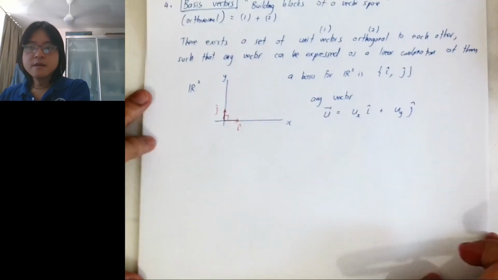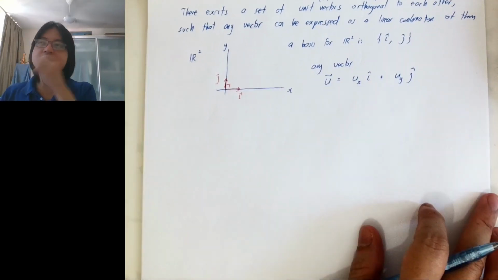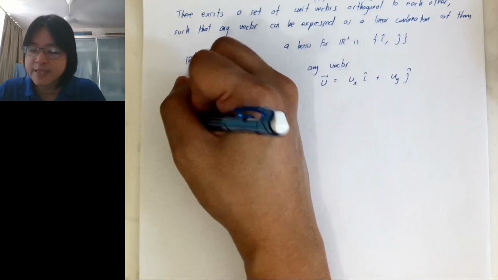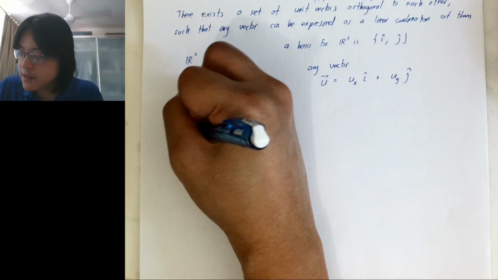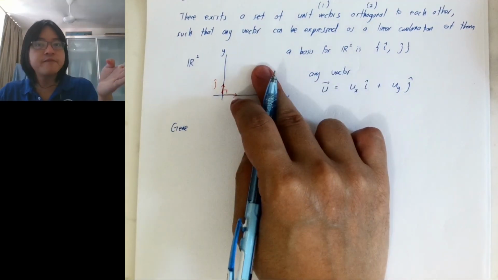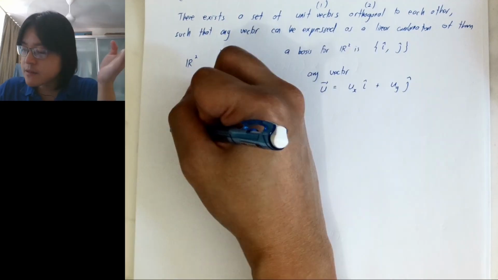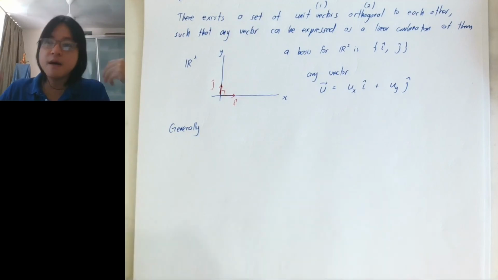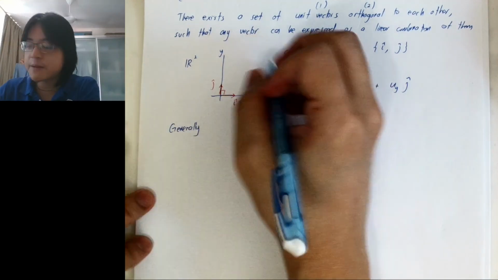Okay, I remember last time you were confused about the concept of the dimension of a vector space, so we're going to talk about dimension again. Generally, here I have two basis vectors, so this is a two-dimensional vector space. If I have 3 basis vectors, it's a 3-dimensional space, or n basis vectors, then I have n dimensions.